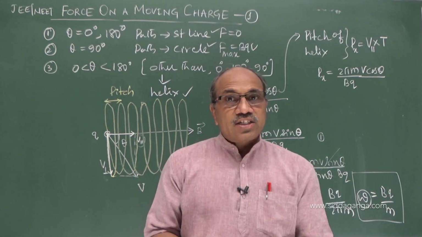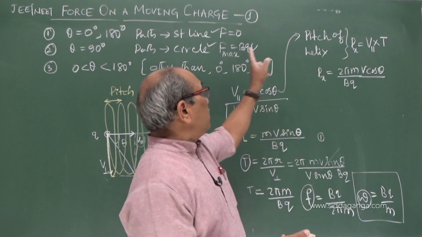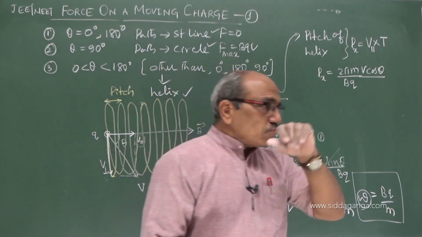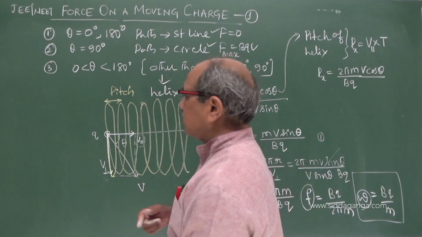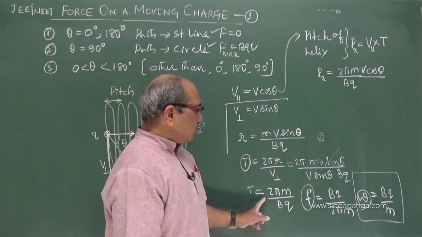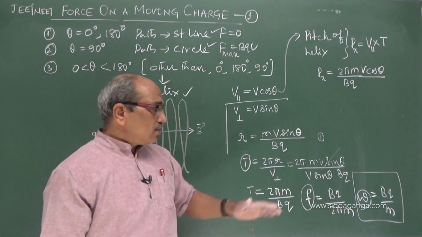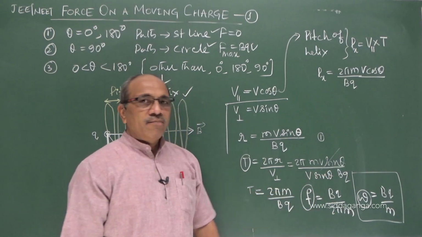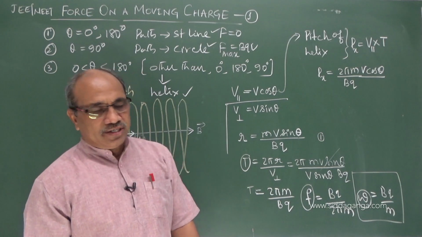But if it enters perpendicular to the magnetic field, it experiences a maximum force equal to BQV, and it describes a circle. The radius of the circular path is mv upon bq. The period of revolution, frequency of revolution, and angular velocity or angular frequency I showed. That derivation is important; it depends on B, Q, m: the magnetic field strength, and the charge and mass of the moving particle.